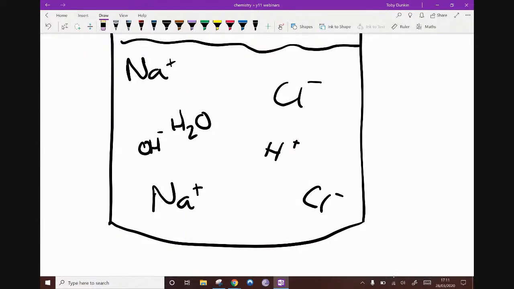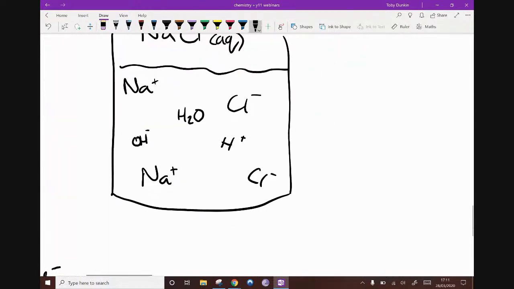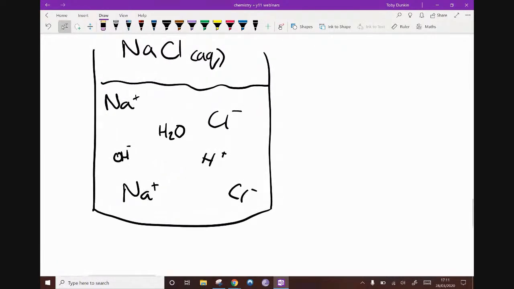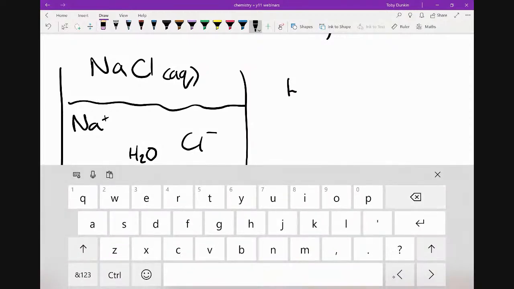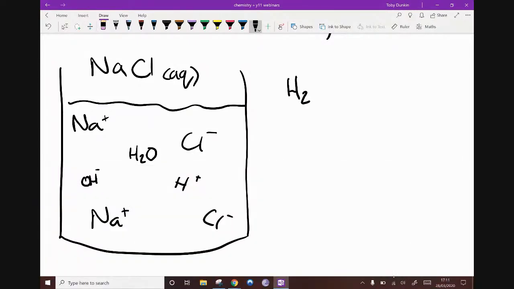Now, if you're wondering, like all students do, where have the H+ and OH- come from? They have come from H2O splitting apart to form H+ and OH-.